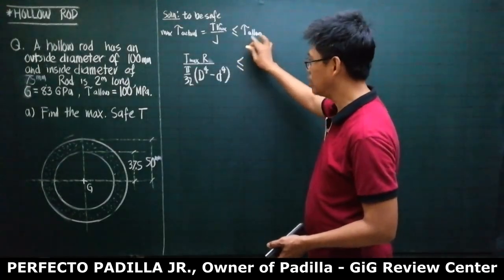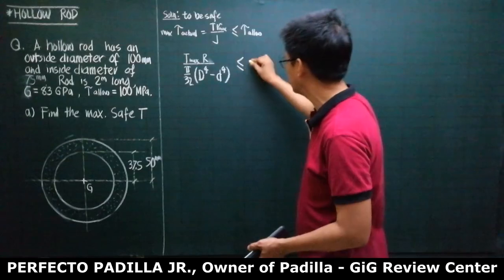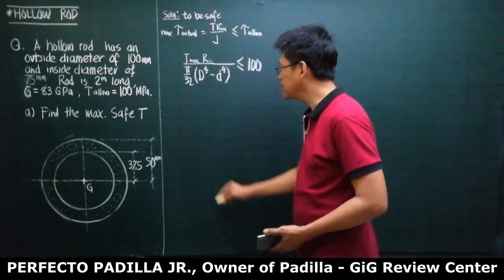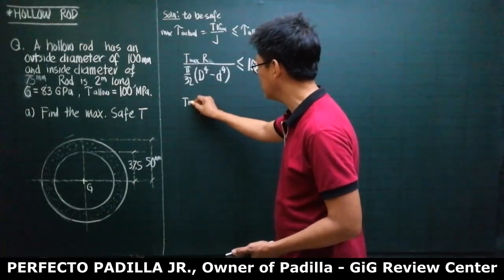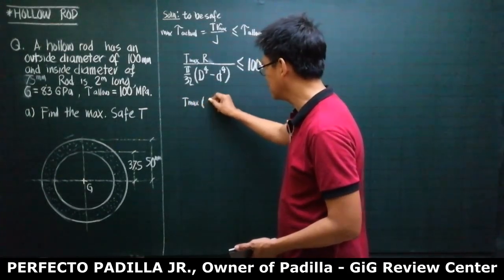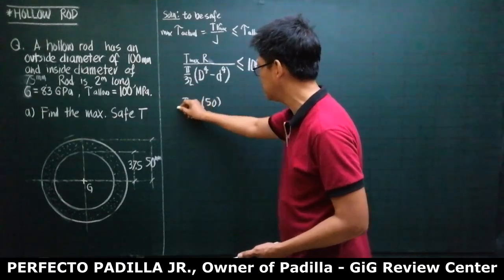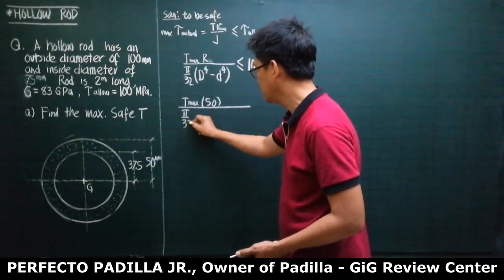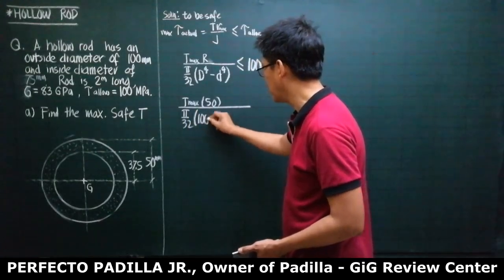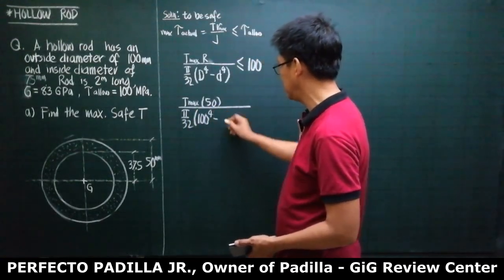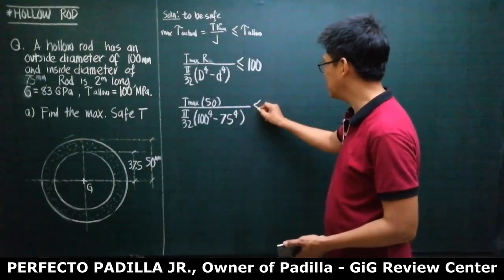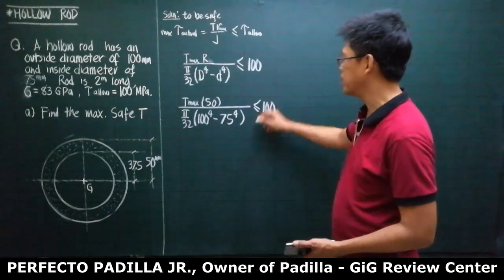This must be less than or equal to tau allowable, which is 100 megapascal. Substituting the values, we have T max times R, which is 50 millimeters, over pi over 32 times 100 to the fourth minus 75 to the fourth, must be less than or equal to 100.